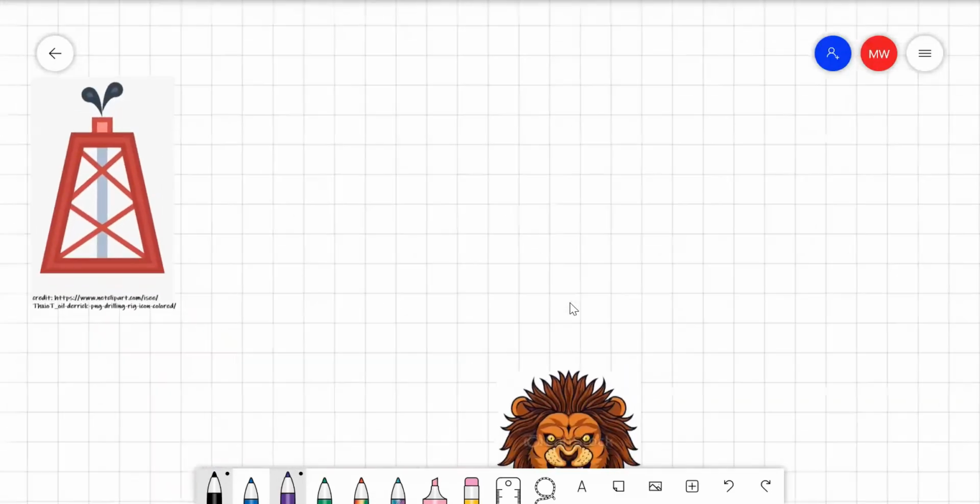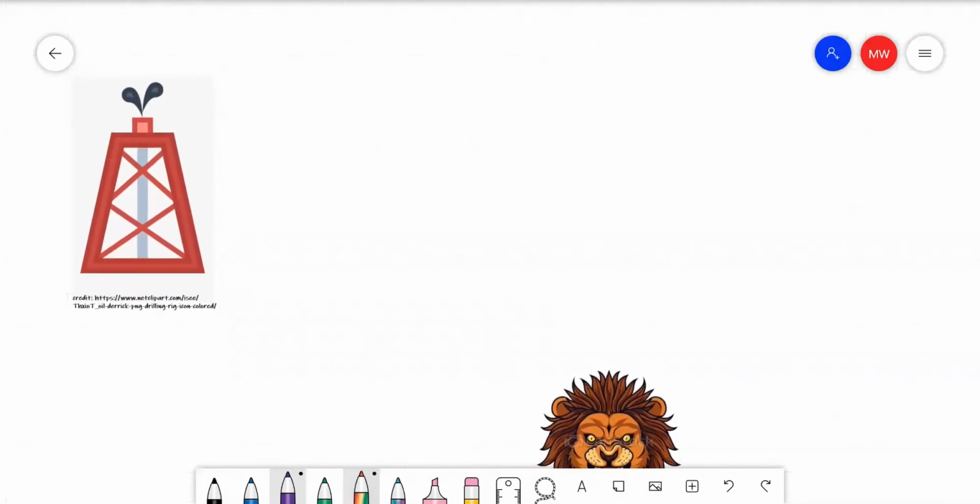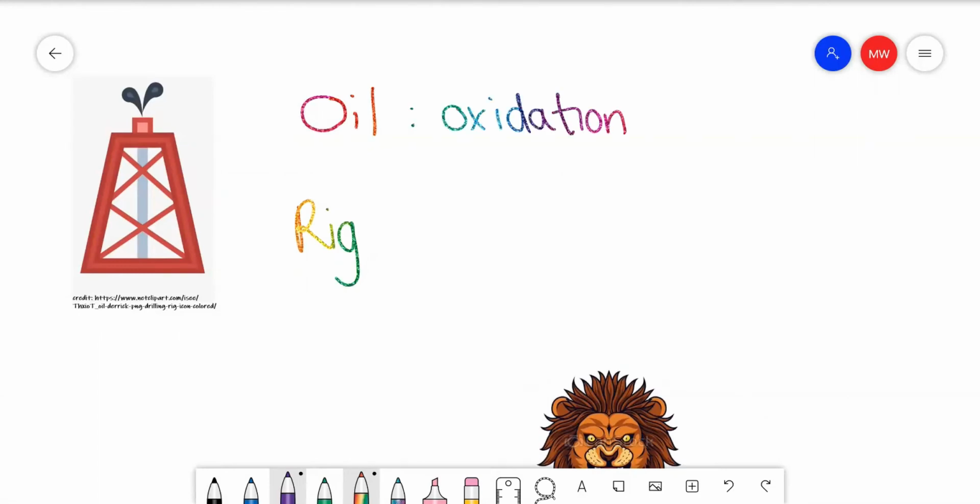An easy way to remember which one is which is the little rhyme that goes OIL RIG, where OIL stands for oxidation is loss, and RIG stands for reduction is gain.